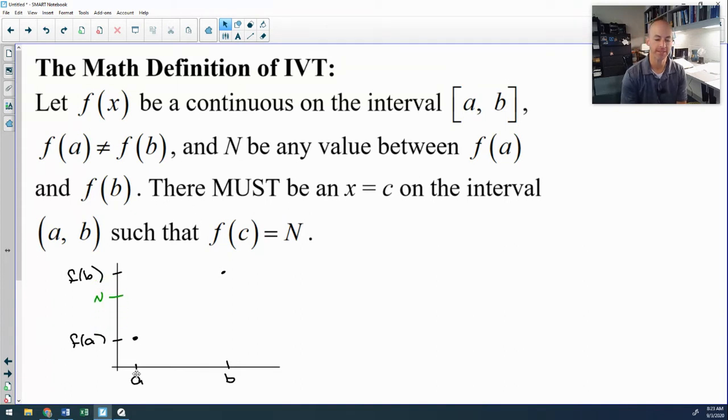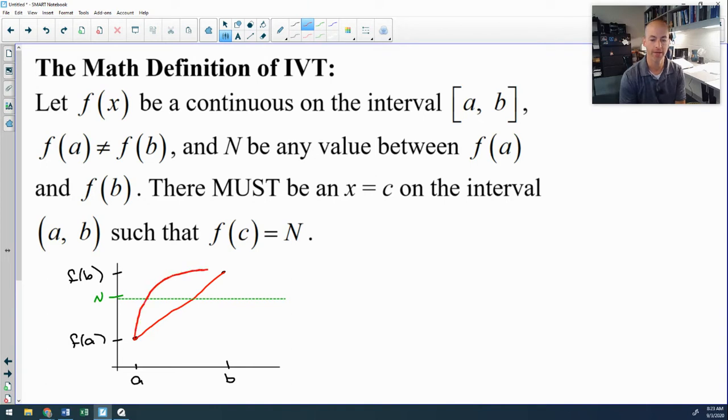There must be, at some point between a and b, some value of c where f(c) is equal to n, and this is exactly what I just said a minute ago with the points (1, 3) and (5, 8). This is just more generic. So if I connect a to b, doesn't matter how I connect them, I must hit this y-coordinate of n somewhere. So that y-coordinate of n, I will cross that line at some point.